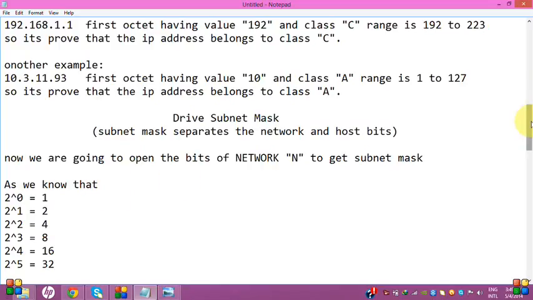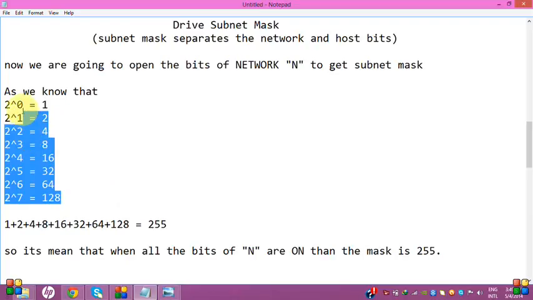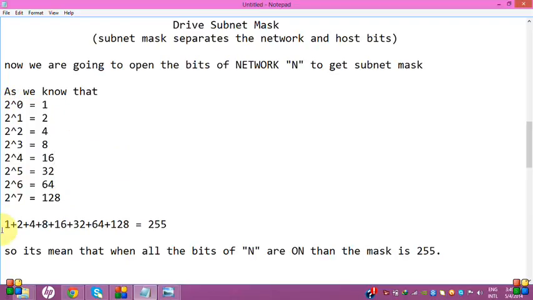As we know, 2 to the power 0 is equal to 1, 2 to the power 1 is equal to 2, 2 to the power 2 is equal to 4, and similarly 2 to the power 7 is equal to 128. We add all these bits to see the mask, and the sum is 255.